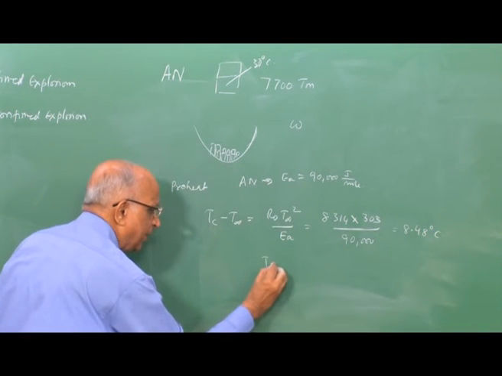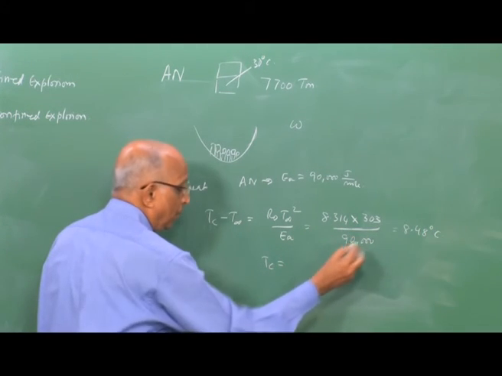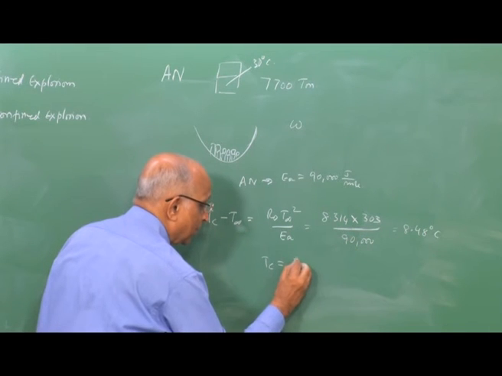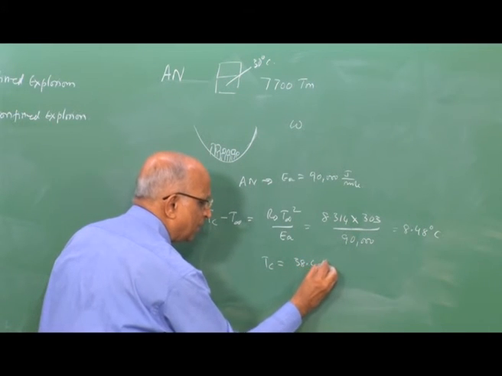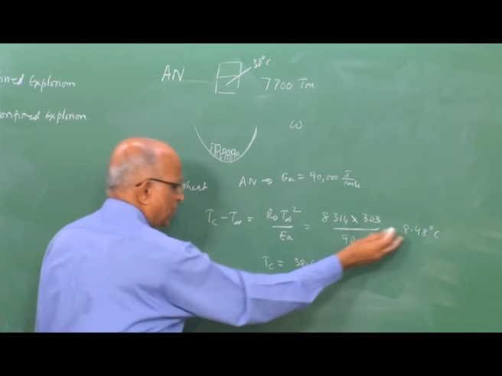Therefore, the value of the critical temperature is 30 plus 8.48, that is 38.48 degree centigrade. You find that the preheat temperatures are still small.